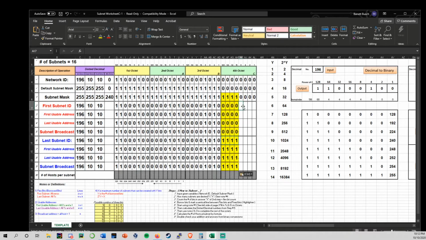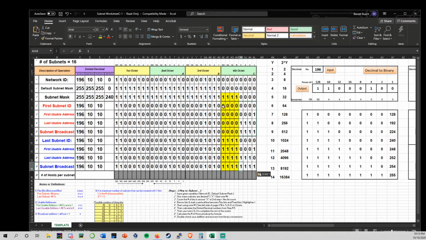So for the first subnet bit, this is all zeros. First usable address is all zeros followed by 1. Last usable, all ones followed by 0. And the subnet broadcast is all ones. And it's exactly the same down here, remember. So I'm going to actually copy and paste this entire area.